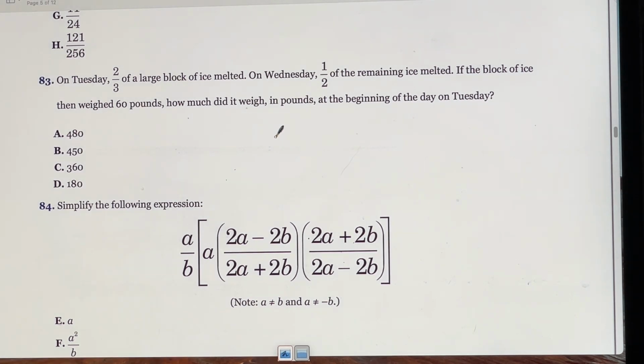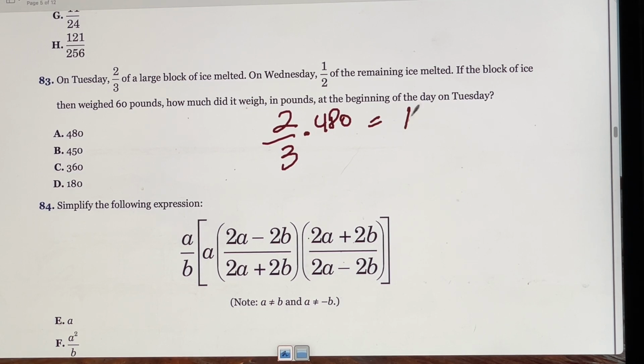What you can do here is just work with your multiple choice. I don't know what I did wrong, but let's do it the second way. Let's take 2/3 of 480. If you take 2/3 of 480, you get 320.